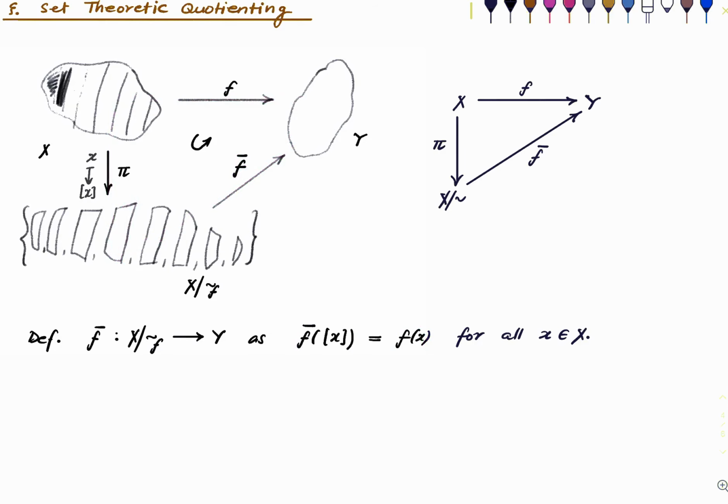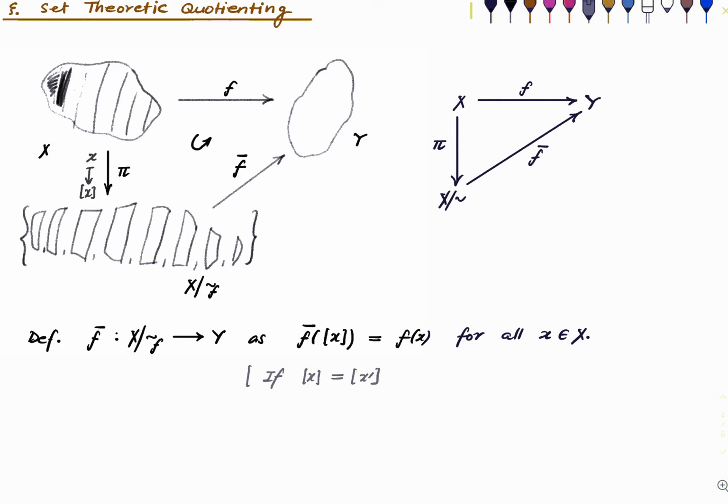The issue here is that this is defined via representatives. You pick an element of the domain here, and then you choose a representative of this thing, which is an equivalence class under a certain relation, and using that representative, you define what the output is. So it is not immediately clear why f bar is well defined, but that's actually very easy. So I'm arguing well-definedness. Suppose you have two elements x and x prime with the same equivalence class.